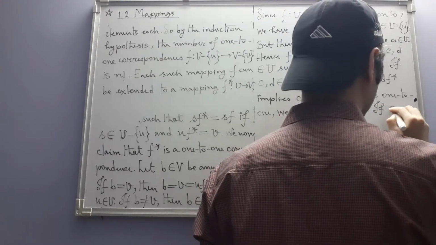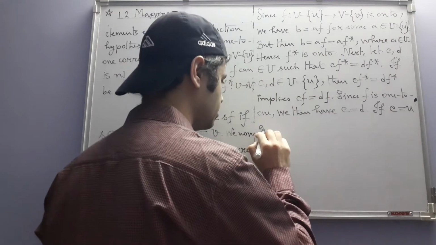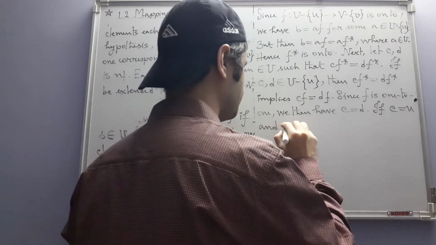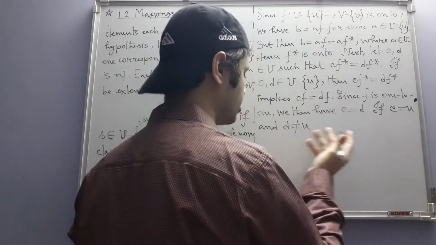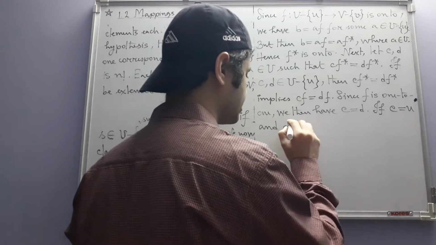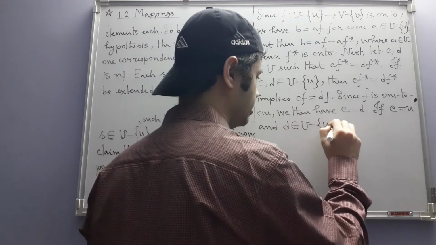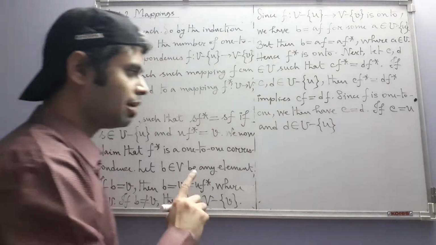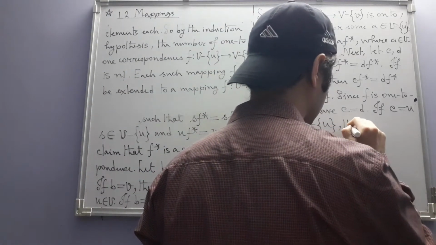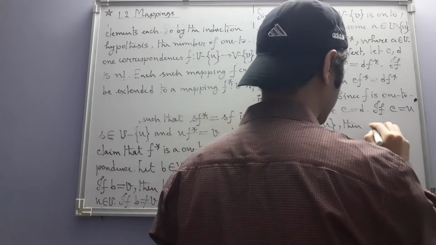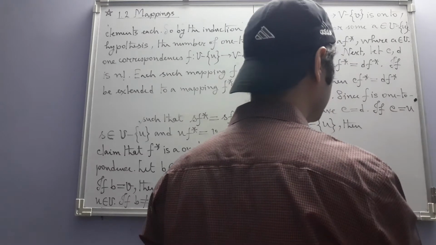If C is equal to u and D is not equal to u, or in other words, let us just write it like this. This will be more clear. C is u but D is not u. Then what do we get?